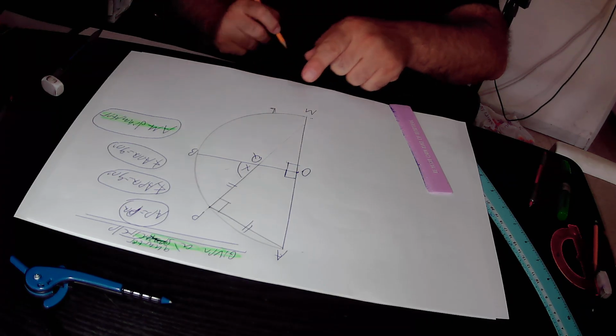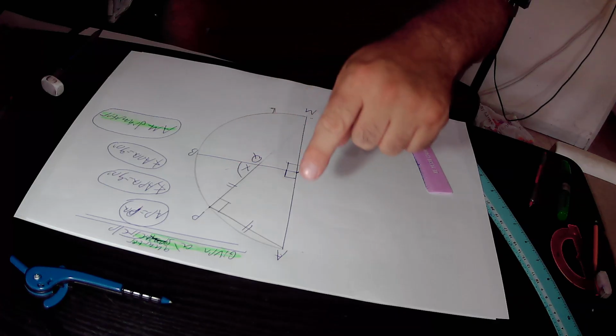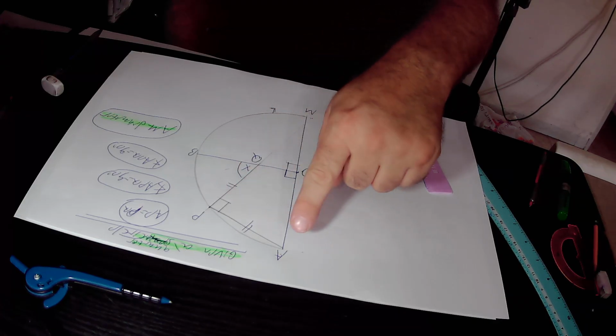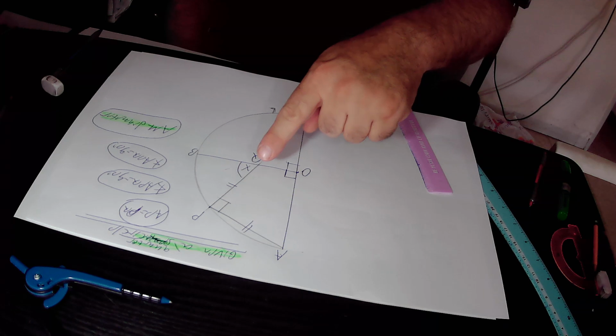And it is given in the question that peripheral angle AOB equals angle APQ equals 90 degrees in its size.